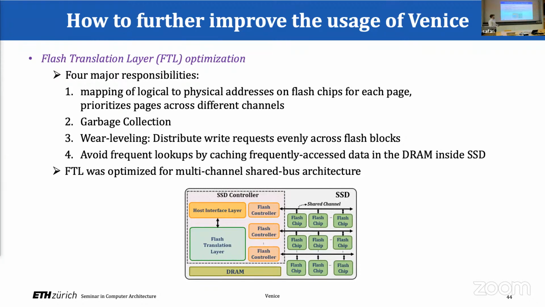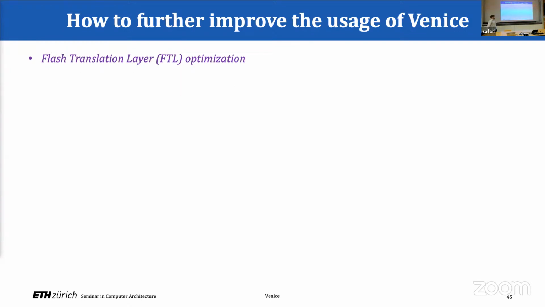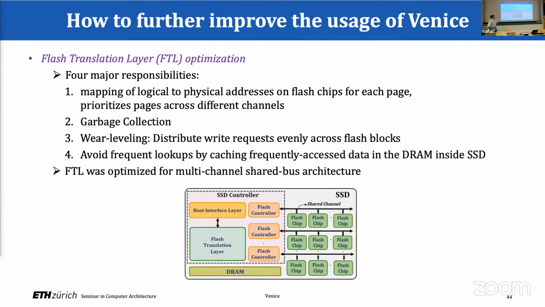And the fourth major responsibility is to avoid frequent lookups in the SSDs by caching frequently accessed data in the DRAM inside the SSDs. And obviously this was designed before Venice was around. So might anyone have some inputs on how you could change some of these things to make better use of Venice?